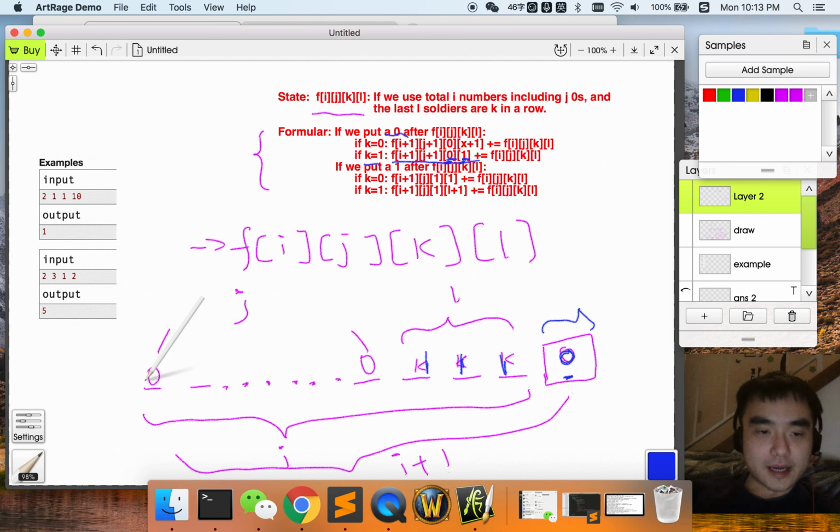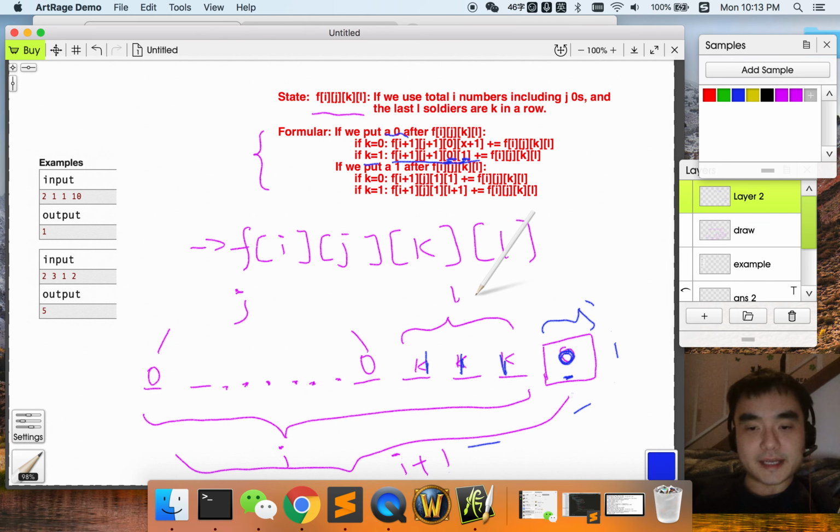So in this case, we need to add the value into this kind of possibilities, right? And I guess that's all we need to add when we put a 0 after this kind of states, right?